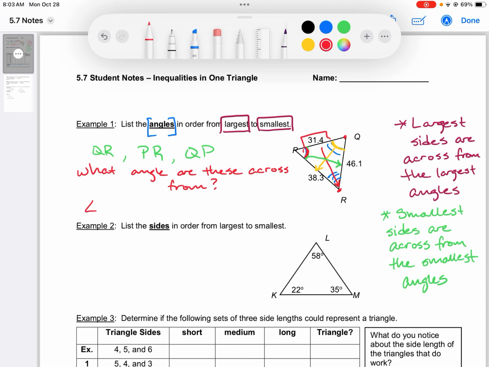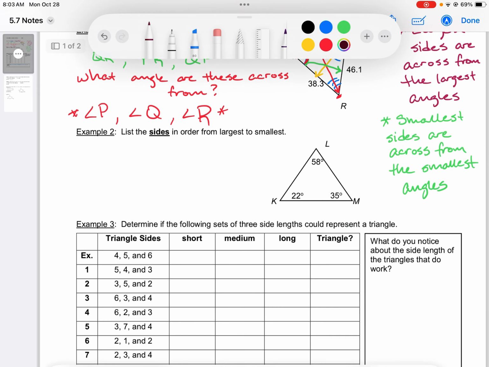Q to R is on the other side of angle P. P to R is across from angle Q, and Q to P is across from angle R. So now we've got our angles listed in order from largest to smallest. And then we would just do the opposite for the next question.